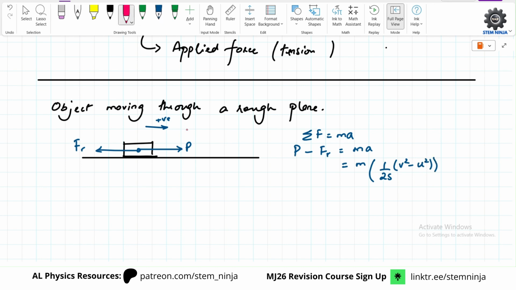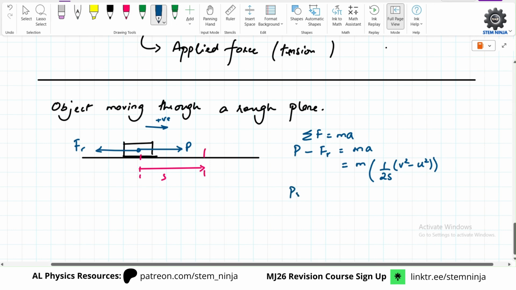We multiply the positive displacement from this point to this point, for example. You will have Ps minus Fs equals, on the other side the s and s will cancel, leaving us with half m (v squared minus u squared).